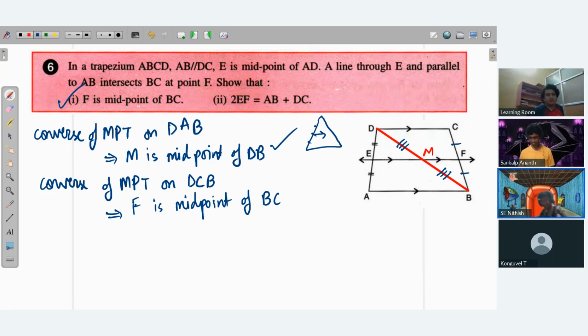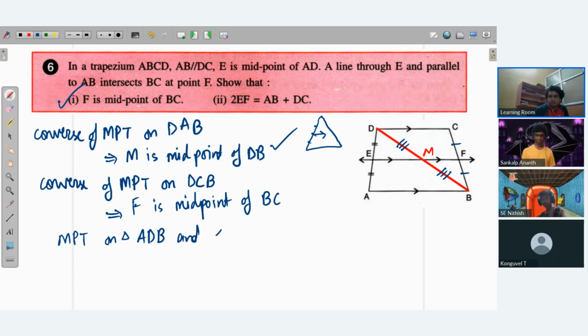So it's like using the midpoint theorem on triangle ADB and triangle DBC. I have EM equal to half of AB and FM equal to half of DC.